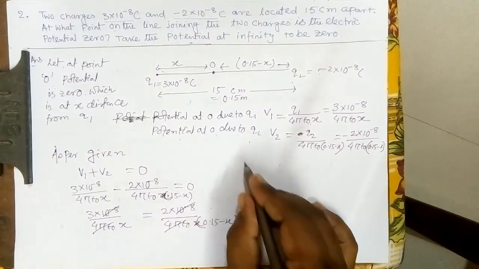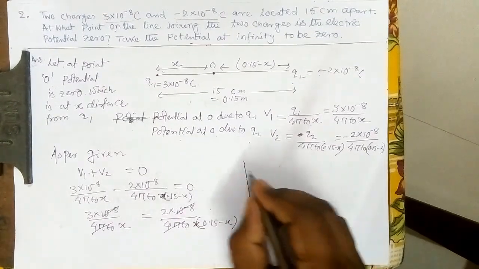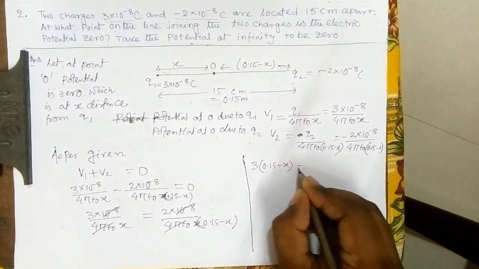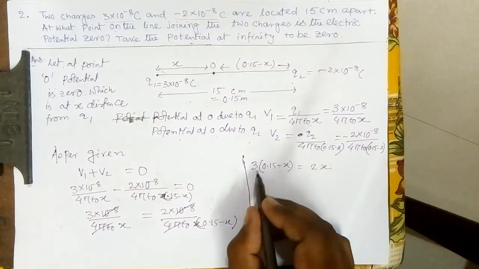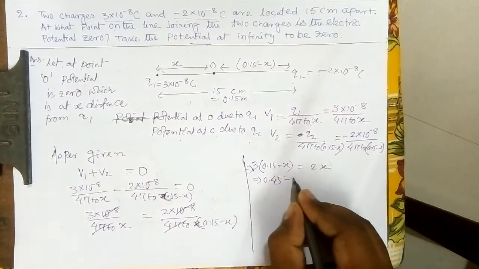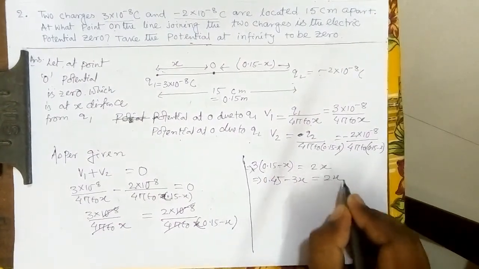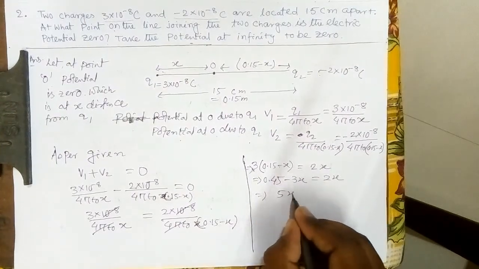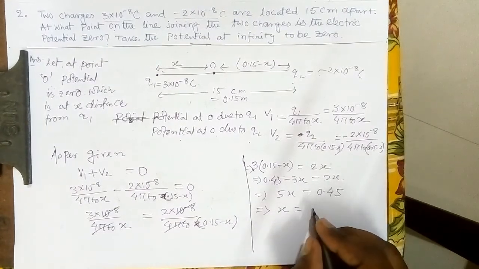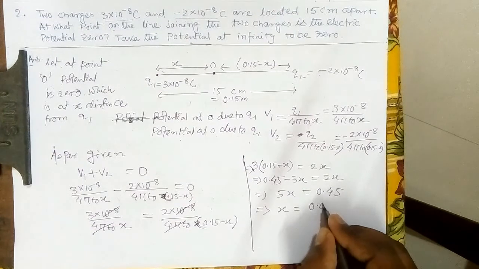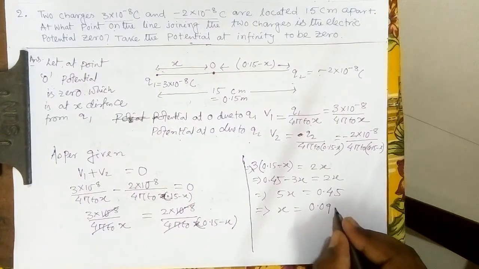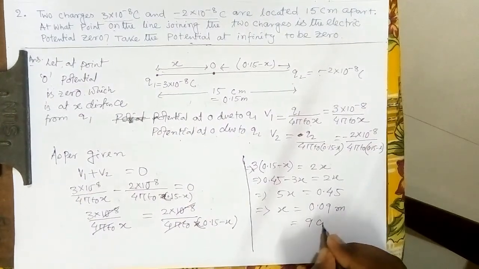If I cross multiply, it will be 3 into 0.15 minus x equals 2 into x. 3 into 0.15 is 0.45, so 0.45 minus 3x equals 2x. Taking it here, 5x equals 0.45, and x equals 0.09, because 5 nines are 45. So 0.09 meter, that means 9 centimeter.